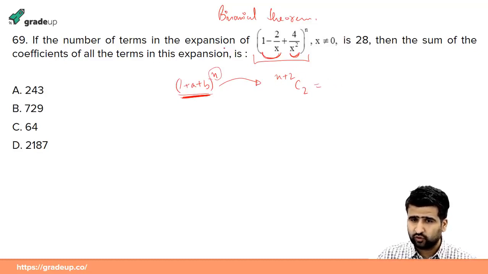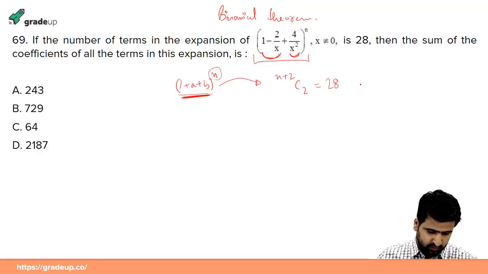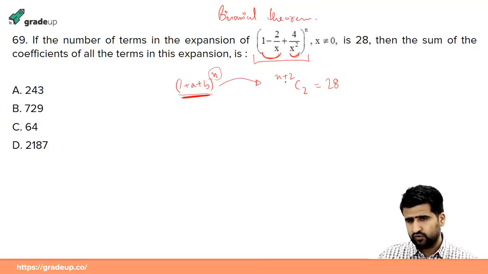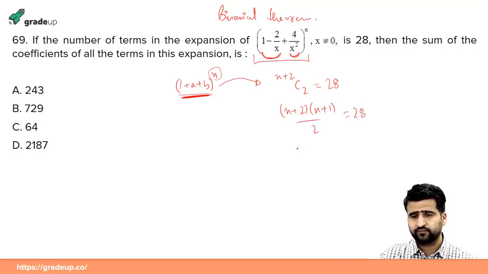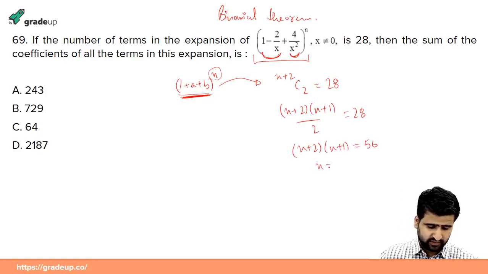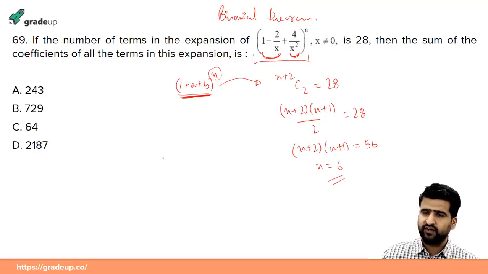Since the total number of terms is given as 28, we can equate this to 28 and get the value of n. So if you solve this n plus 2c2, you get n plus 2 into n plus 1 upon 2 is equal to 28. So n plus 2 into n plus 1 is equal to 56. So we get the value of n from here, which is equal to 6.